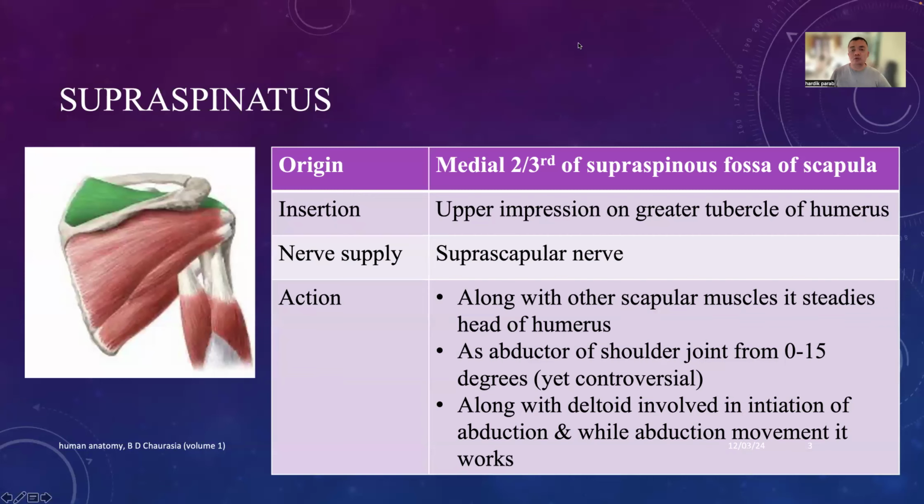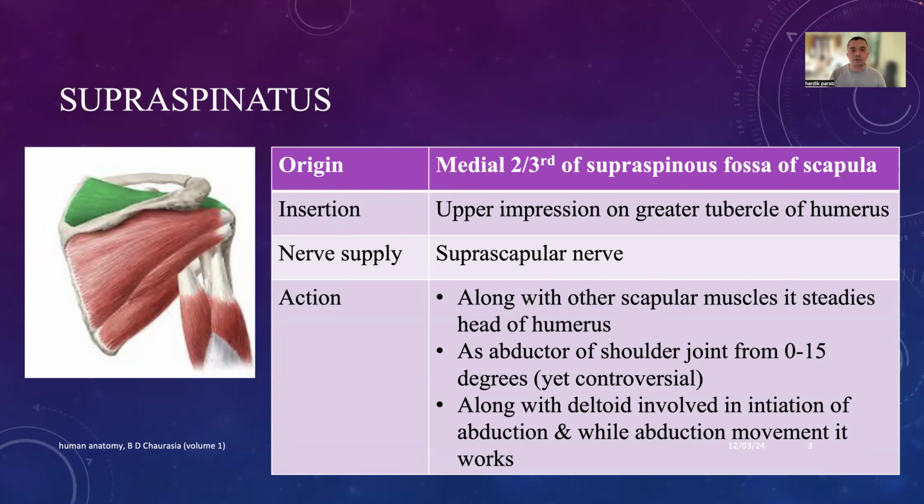The medial two-thirds of the supraspinous fossa of the scapula gives origin to the supraspinatus muscle. We can see in the diagram the green color is representing the supraspinatus muscle. The insertion is on the upper impression on the greater tubercle of the humerus. In the humerus, we have a greater tubercle, a small structure present in the upper part of the humerus. In that greater tubercle, you have three impressions: upper, middle, and lower.